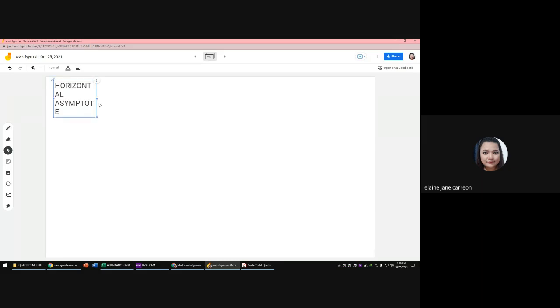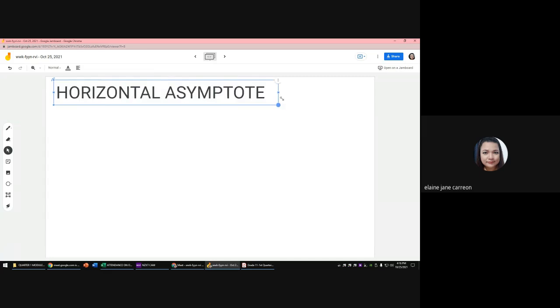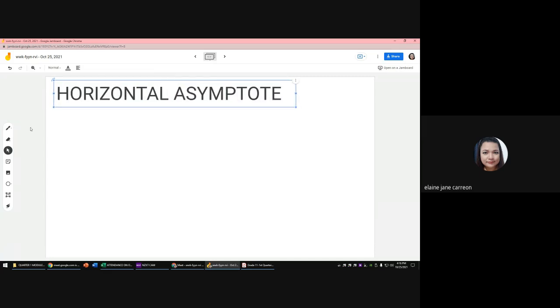So we have to discuss first this condition before we proceed with determining the horizontal asymptote. Okay. Let n be the degree of the numerator.